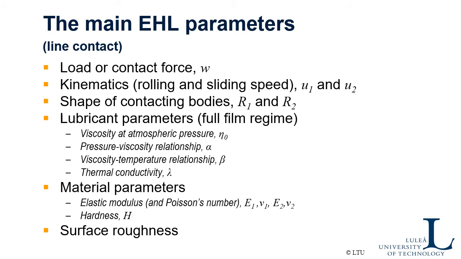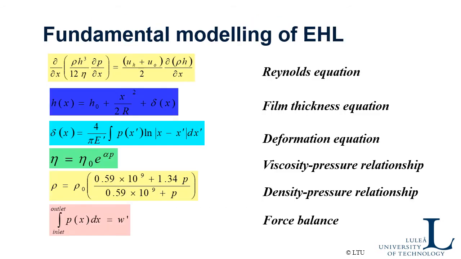In order to take the heating into account too, you also need the viscosity temperature relationship. In this case you use a beta number, coming back to that, and you also need the thermal conductivity of the lubricant. Okay, so how do we compute this film thickness then? Well, we need to solve a pretty complex numerical problem.